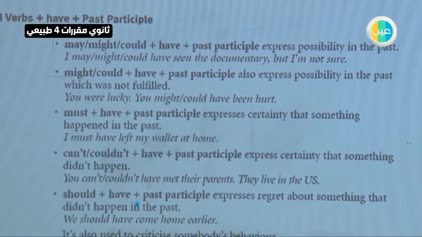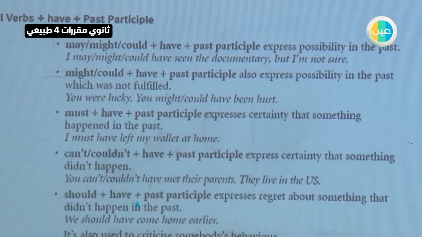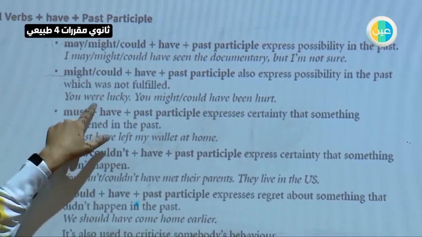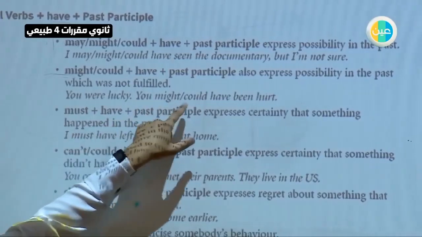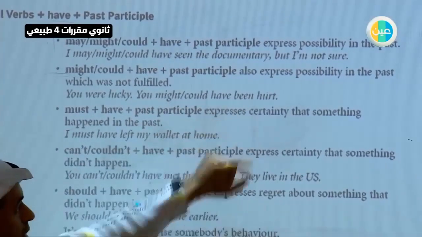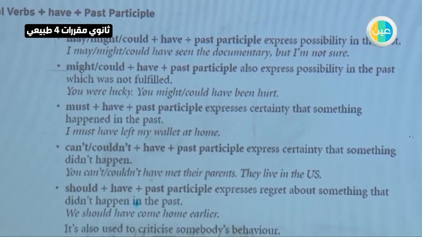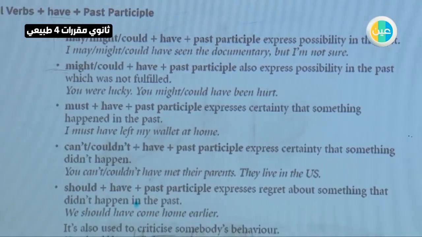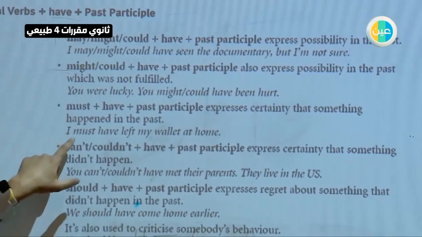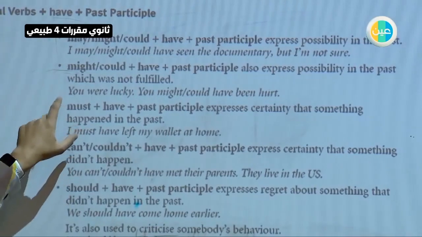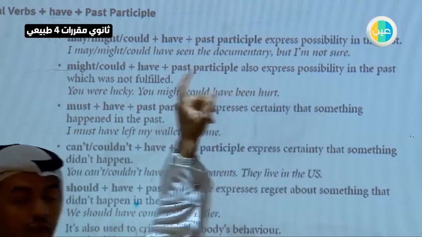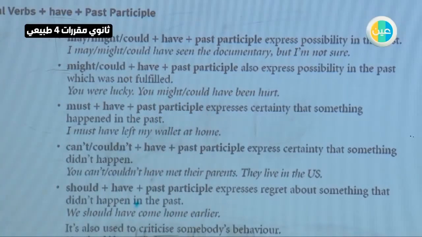For example, you were lucky, you might or you could have been hurt. He wasn't hurt, he was lucky. So this is a possibility. He might have gotten hurt, but he didn't.